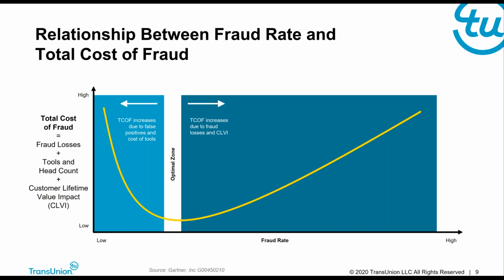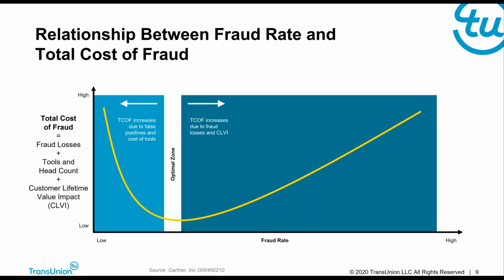Looking to the far right, you can loosen your controls to decrease friction for your consumers, but that's going to drive up your fraud rate. So on the left, you're driving up your cost because you're increasing your cost of tools and headcount. On the far right, you're driving up the cost of your fraud losses.